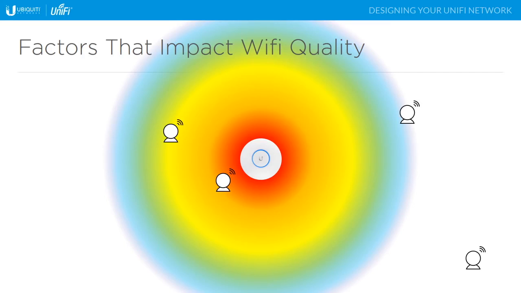Because as you start to get further and further out and the signal degrades, so too does the throughput. And you may well find that even when you reach the maximum range of the access point and you have a signal, it may not be enough for the client to actually achieve what it is they were connected for in the first place.